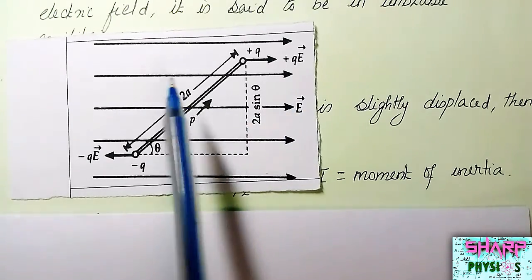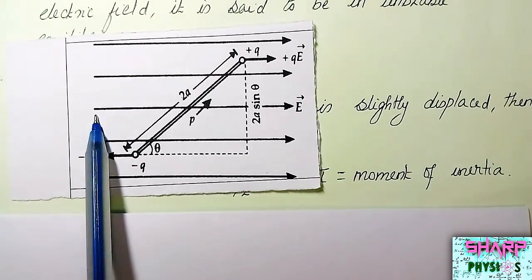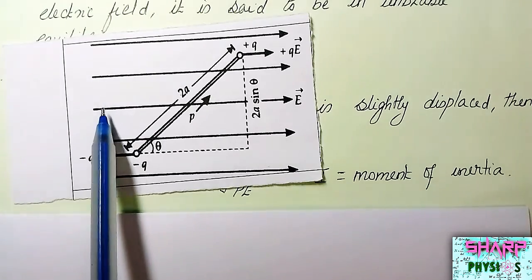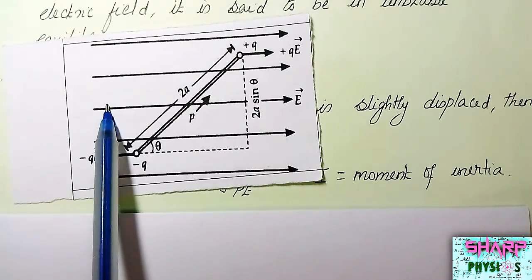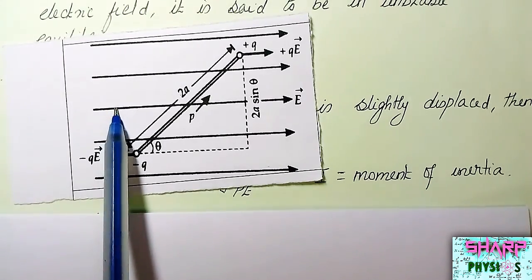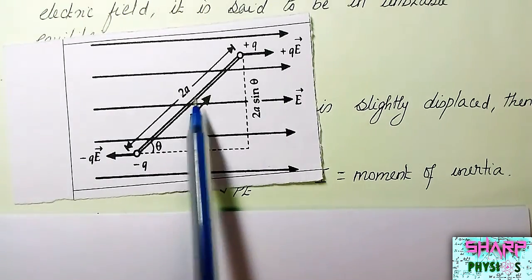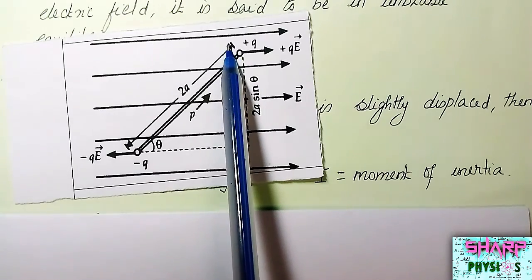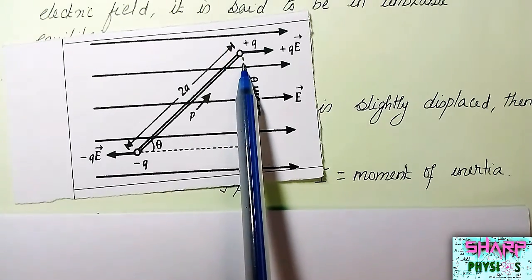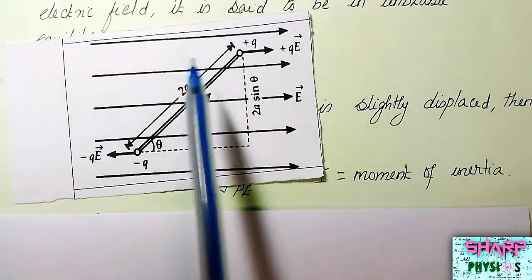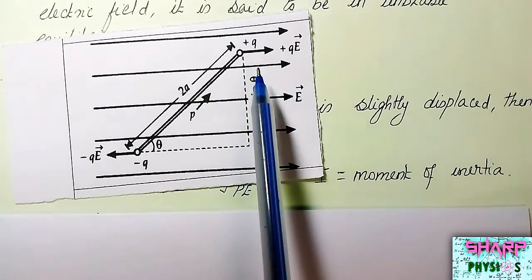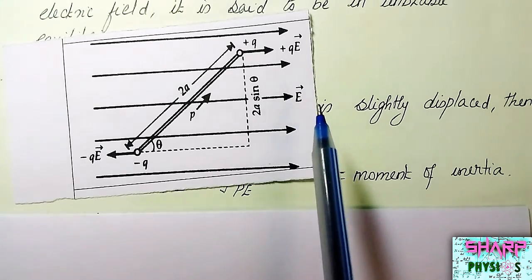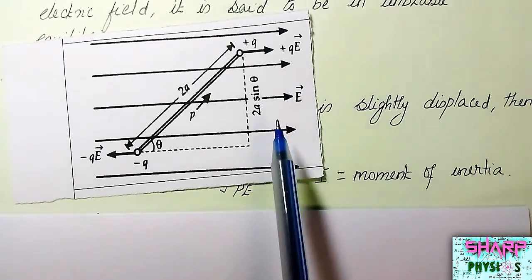When it's placed in the opposite direction, it also aligns to the electric field but in the opposite direction, so it becomes unstable. And when it's displaced a little above or below in the same uniform electric field, you get a period of oscillation 2 pi root of I divided by P.